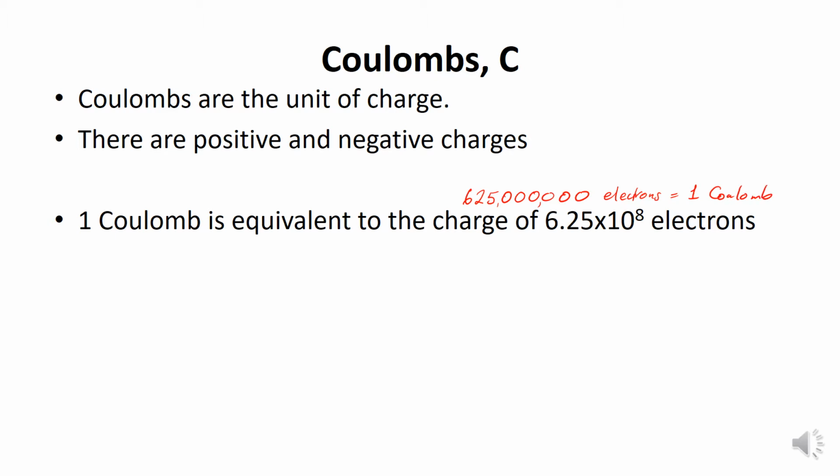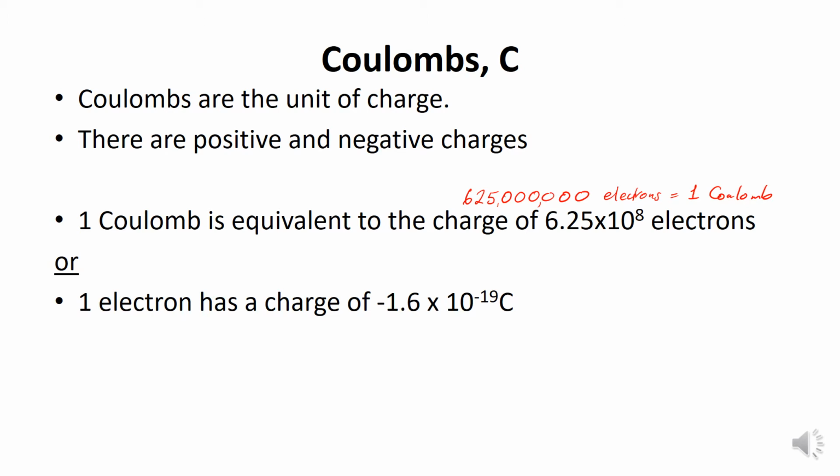So that's a lot. But you could say that 1 electron has a charge of minus, because it's negative, 1.6 by 10 to the minus 19 coulombs. Now that's a really tiny number. Let's explore that. We have to move the decimal place 19 times, or divide by 10 19 times.